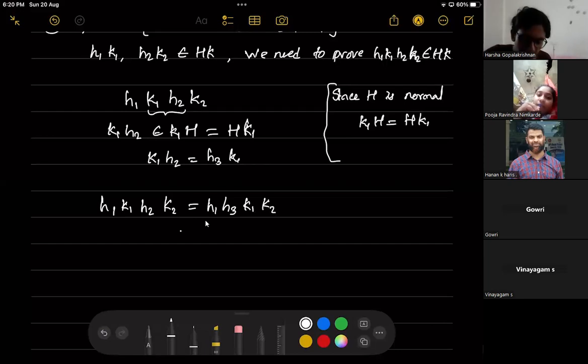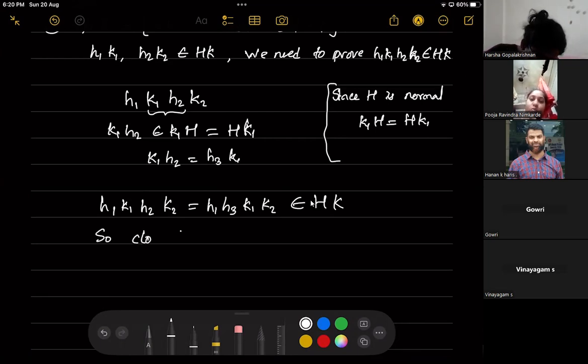Now we are getting an element in H, H1H3, and an element in K, K1K2. This definitely belongs to HK. It is in the form HK, right? So it is in HK. So we started with two elements in HK, and under the binary operation, H1K1, H2K2 is in HK. Closure property is established.